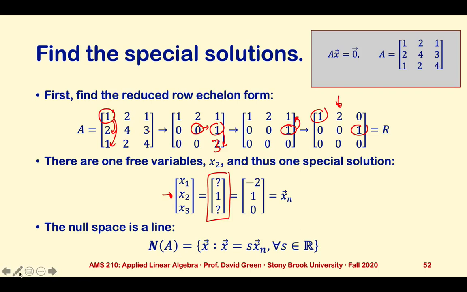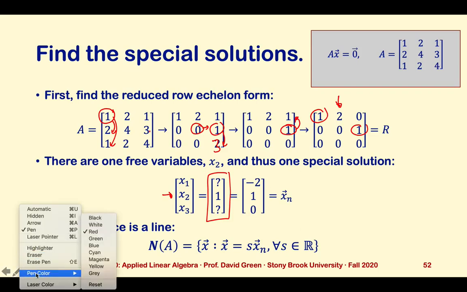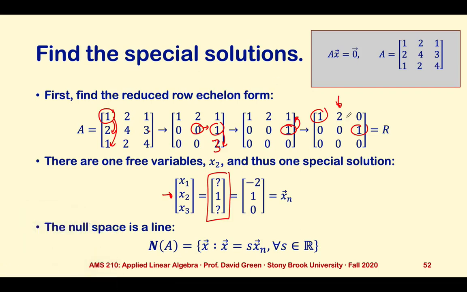And then we go to our original matrix and find that free variable column and select the values to fill in for the pivots from this.